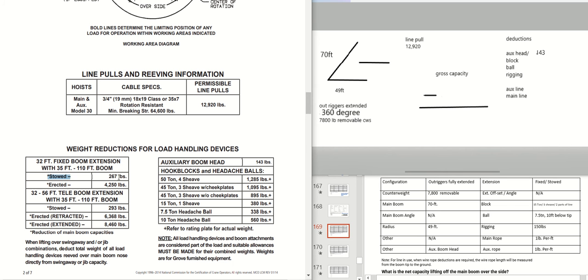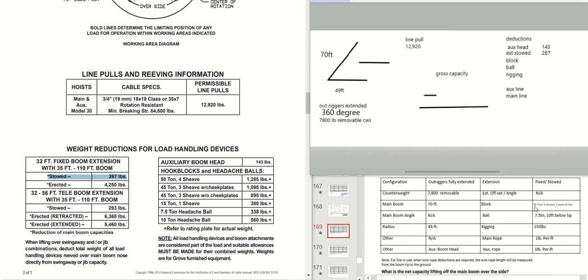That is going to be stowed extension, and that's going to be 267 pounds. Our extension stowed, 267.